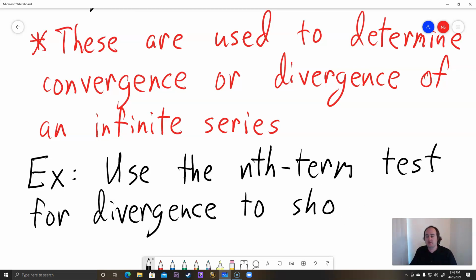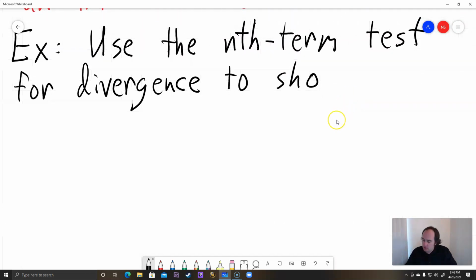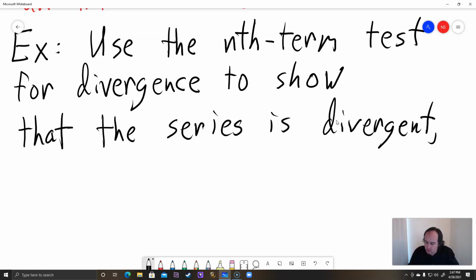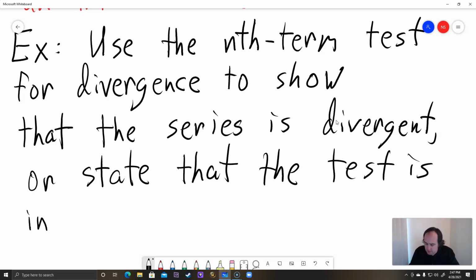Either the test tells you that the series diverges, or the test is inconclusive, which means the test didn't help you at all, didn't show you anything.